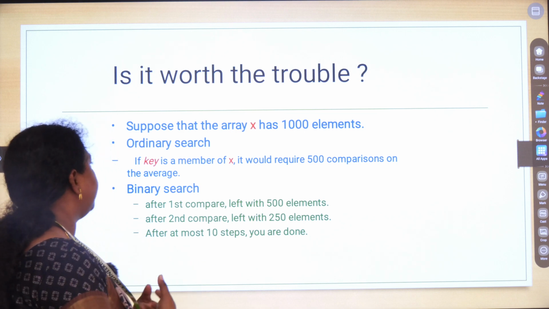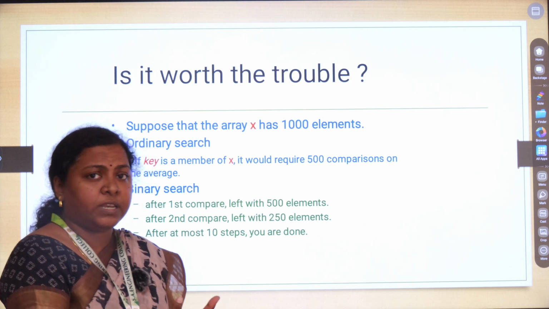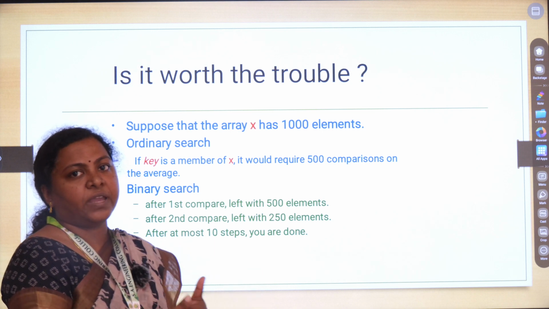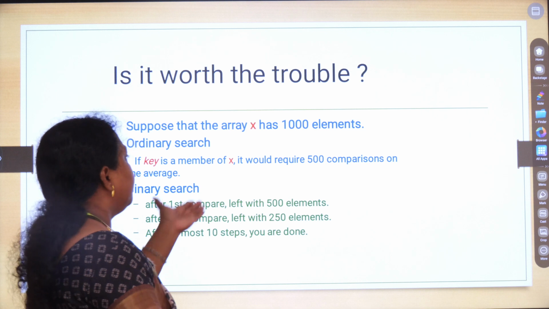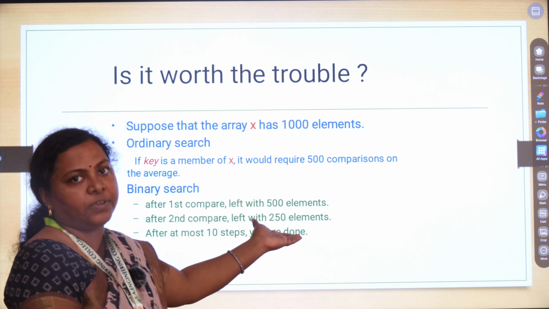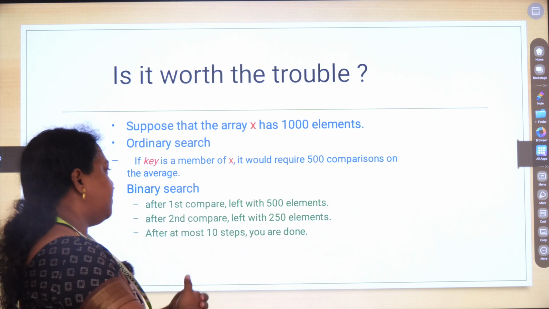So we have to have it as a linear search. If we go for a linear search for 1000 records, at least 500 records we have to check. And for binary search also, if we have 1000, within 500 itself we can refine the search and find it out. That is the first thing for it.